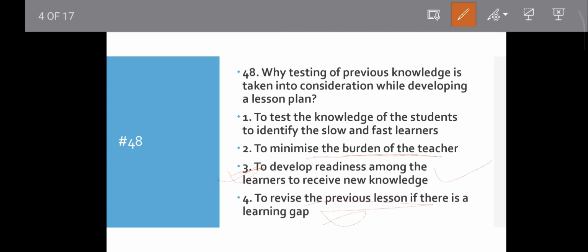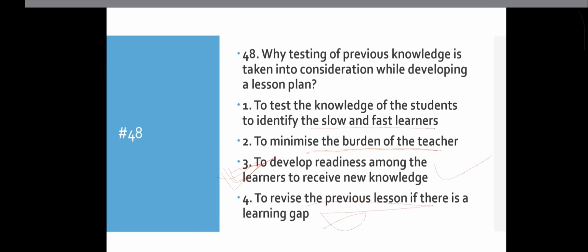To test the knowledge of the student, to identify slow and fast learners: that comes in examinations, not in delivering the lesson or content. So option 3 is the correct answer: to develop readiness among the learners, meaning how ready the learners are to receive the lesson from the teacher.